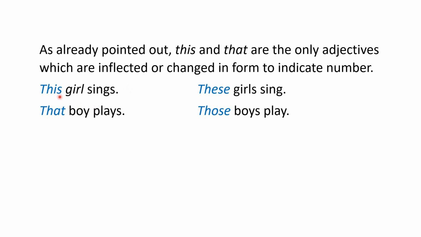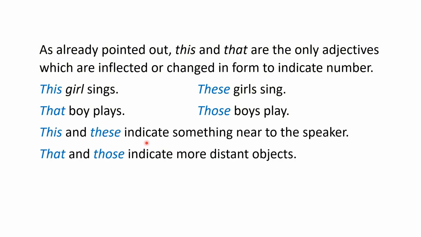We can inflect the word this and make it these girls sing. So we can inflect the word this into these. Now, that boy plays; for plural we'll say those boys play. So this and that can be changed from one form to another to indicate singular and plural.